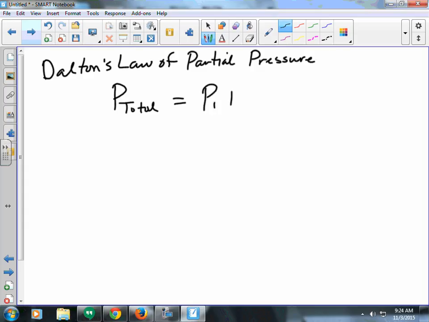So P1 plus P2 plus P3 plus and so on. Like the total pressure of air right now would be the sum of the individual pressures, and an individual pressure is called a partial pressure. The partial pressure of nitrogen plus the partial pressure of oxygen plus the partial pressure of water vapor, and so on. You just add them all up. Super easy. So let's try that.